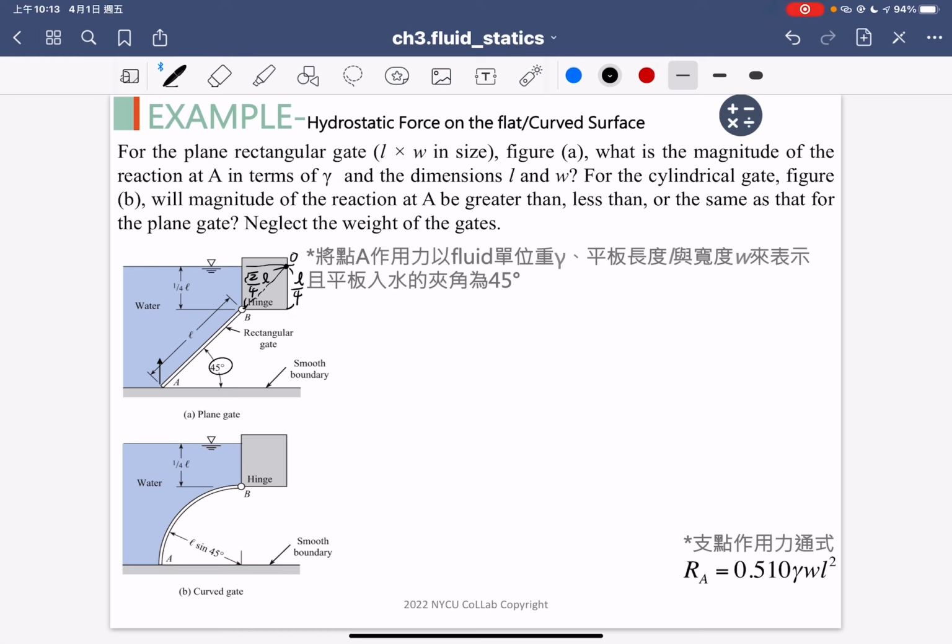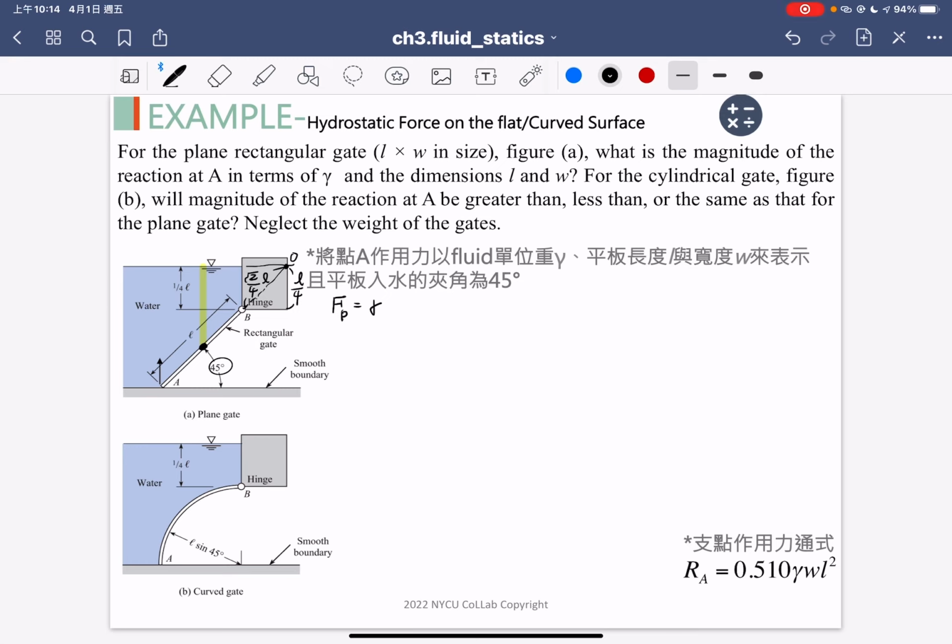The first one is the centroid point of the plate. We need to compute the length from the liquid surface to this point, because we would like to compute the pressure force. So the pressure force Fp is equal to gamma.